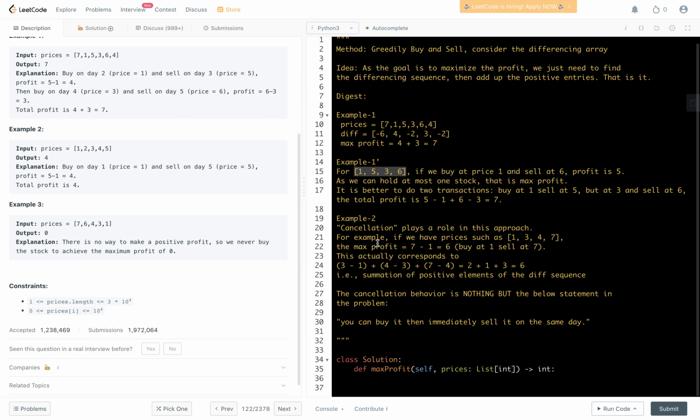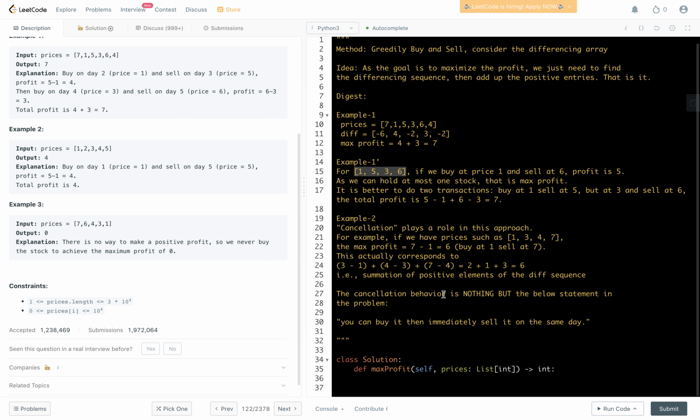So this case actually corresponds to example 2. This corresponds exactly to the summation of the difference sequence, right? So 3 minus 1 plus 4 minus 3 plus 7 minus 4. So that is 2 plus 1 plus 3, that is 6. In other words, the summation of all the positive elements of the difference array.